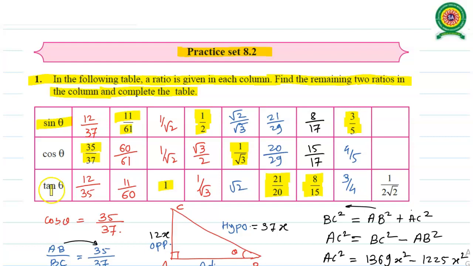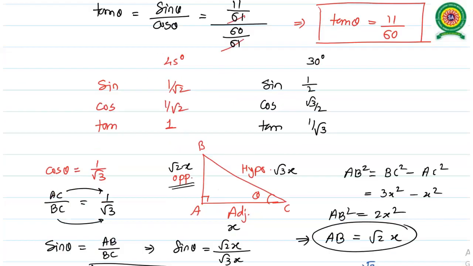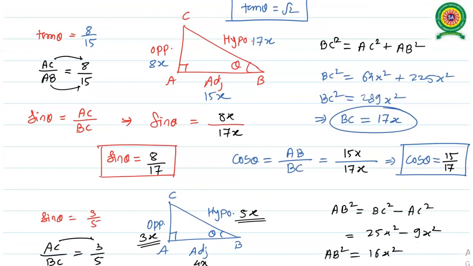Look at the last column, where tan theta is 1 upon 2 root 2. So tan of theta is 1 upon 2 times root of 2. Let's consider again the right angle triangle ABC, in which angle B equals theta.